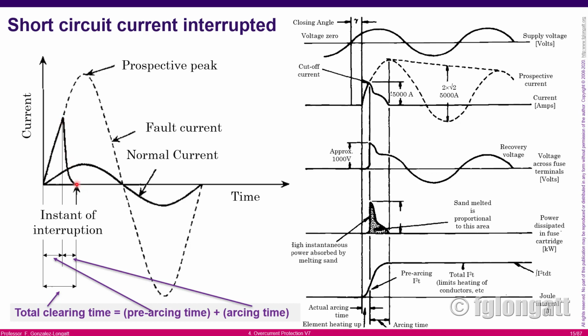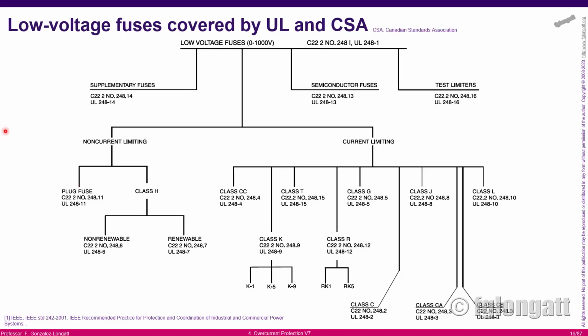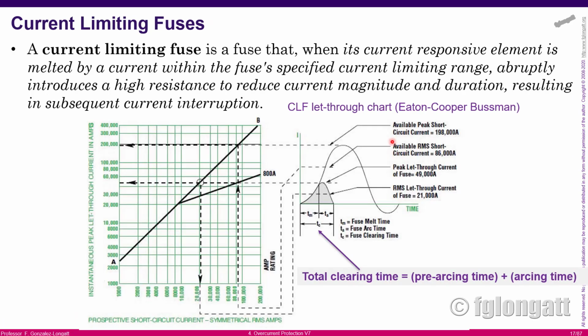In this case, the resistance that is stopping the current increase is not controlled. When I say that it is not controlled, that is the case of non-current limiting fuses. However, there are some fuses where you can have some control over the resistance that is created during the arcing period, okay? And that is the use of current limiting fuses.